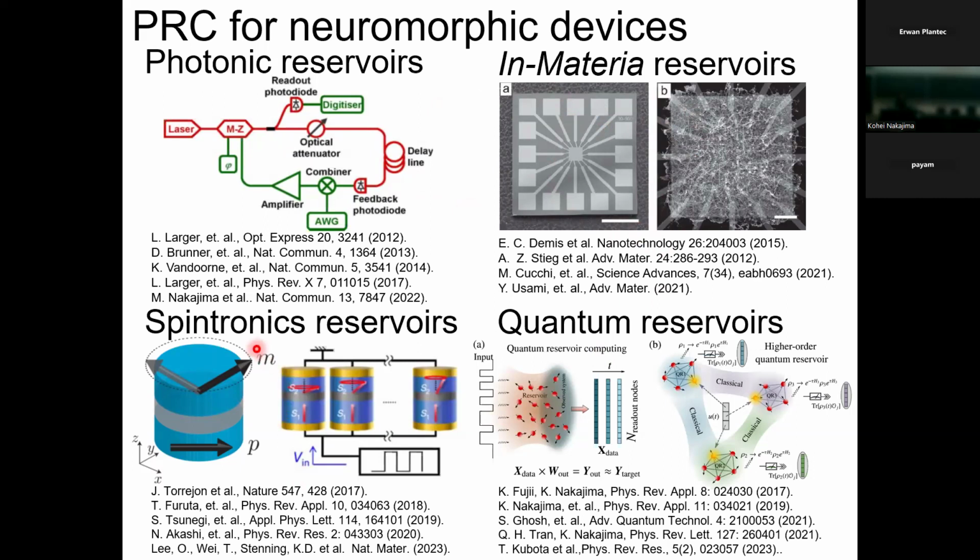And also there's a spintronics reservoir. There are lots of types of spintronics. For example, in our team, we are working on these spin torque oscillators, and by using them, of course, you can embed extremely high speed reservoir computing. And recently, many researchers are focusing on the robustness against radioactive environments.